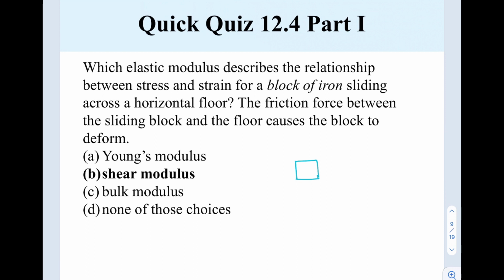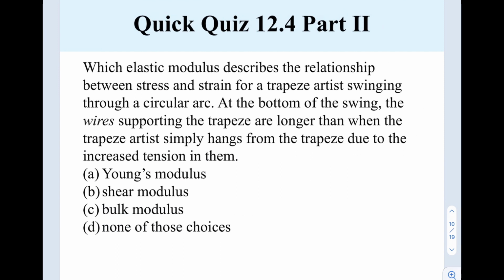So we can imagine a block originally like this, and then when it is sliding, it's going to be more or less like this. So if this is the case, then we are going to see shear modulus, which is the change in shape due to the friction here.